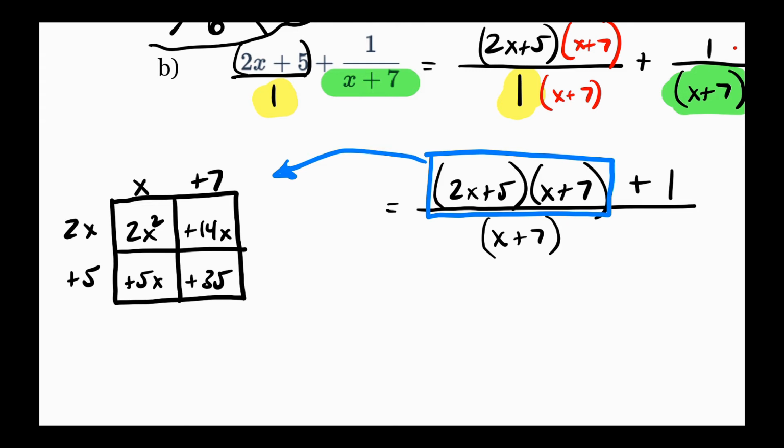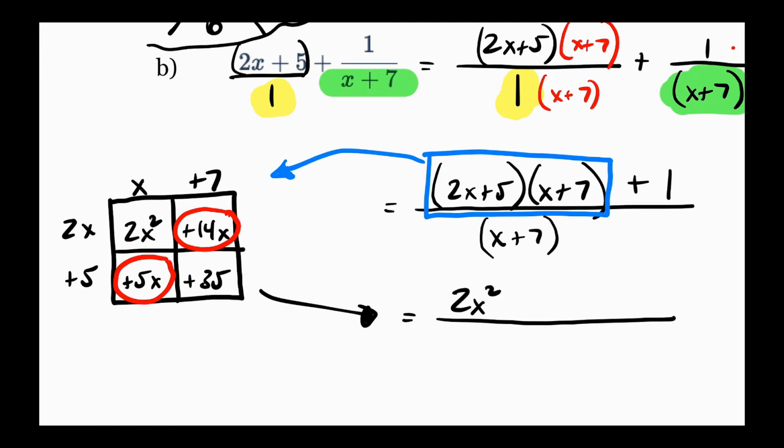Once we multiply, we always look to see if we have like terms, right there and right there. So we have 2x squared. Combine the two like terms, I get 19x, and then plus 35.